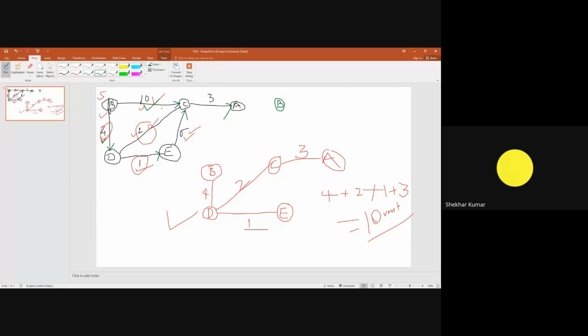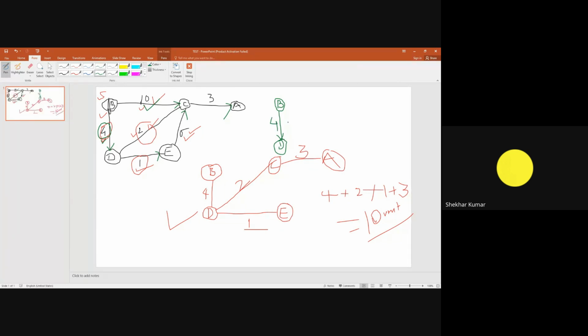And it is directed, because from B we can traverse C as well as D. The cost is minimum at 4, so B to D is selected because it has minimum cost.